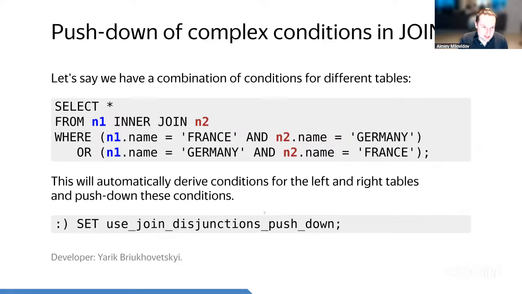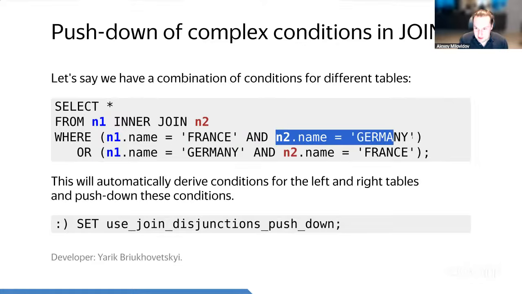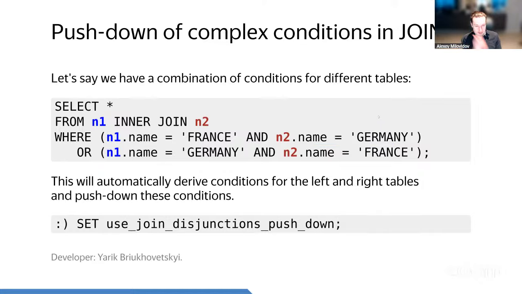Let's suppose we have an inner join with two tables, and the condition is a combination of two conditions with OR, with disjunction, and each of them has one condition on one table and another condition on another table. If we just rearrange this logical expression, we cannot simply create a condition that will cover this.